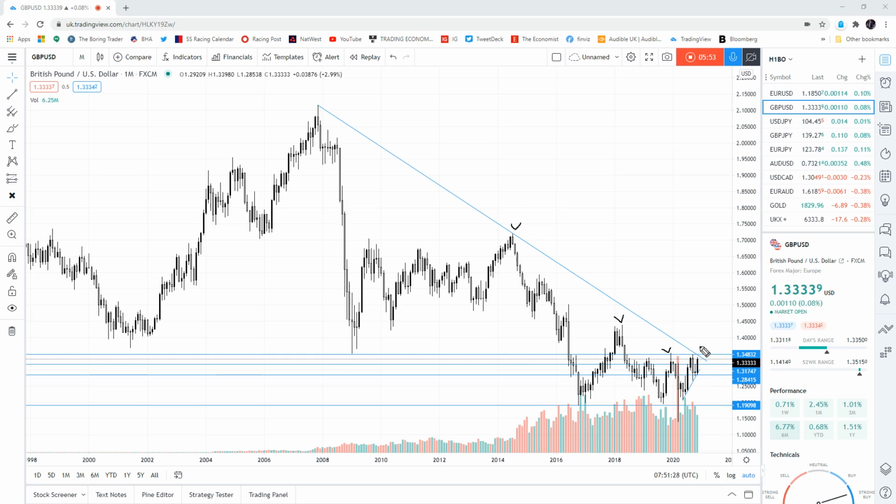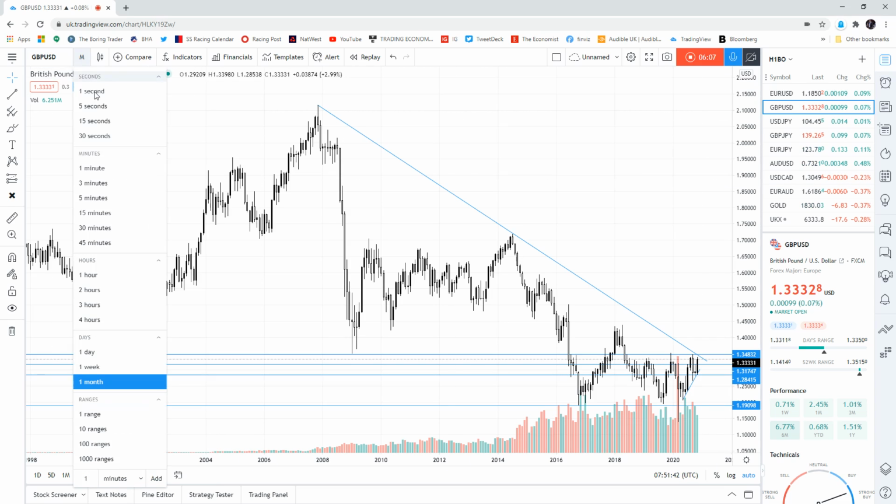So if GU can close above 1.35 and put in a new high, then potentially we could see some bullish momentum come in the next 2021. So anyway, it's a bit too far to look out on.